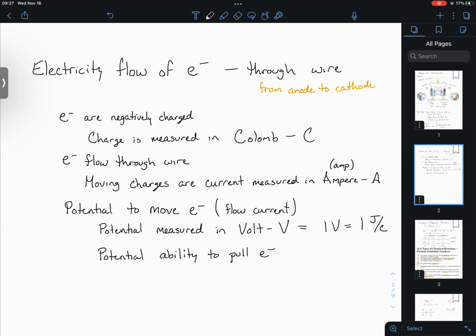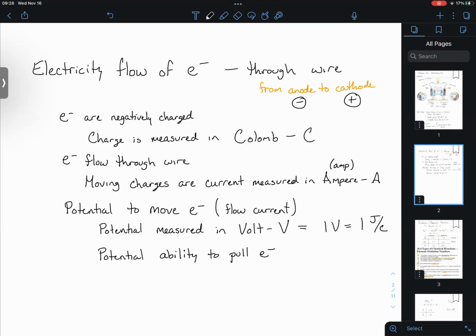So when you think about your 9-volt battery, that is a measure of the ability of one end of that battery to pull electrons from the other end, right? Pull electrons from the anode of that battery to the cathode of that battery, from the negative end to the positive end of that battery. That's what a volt is a measure of.